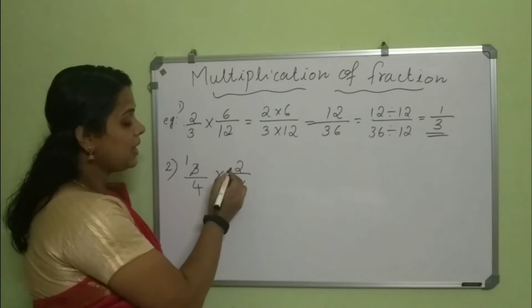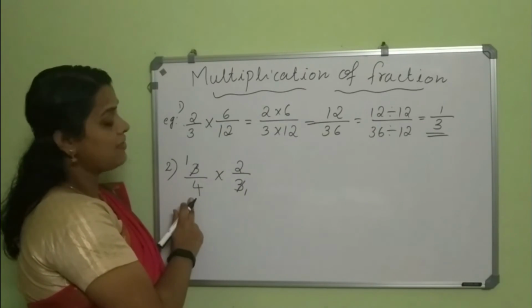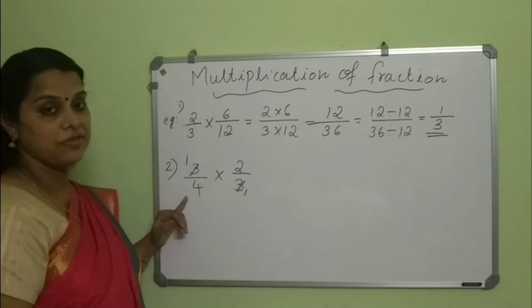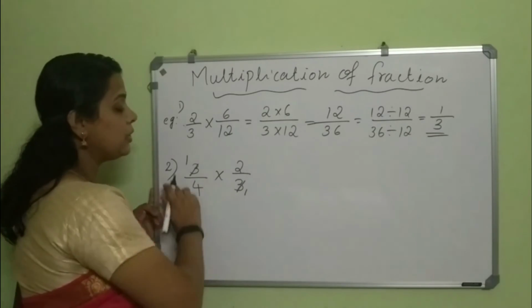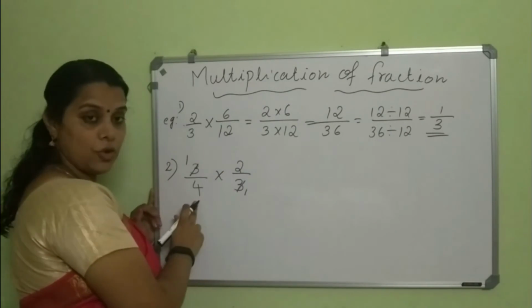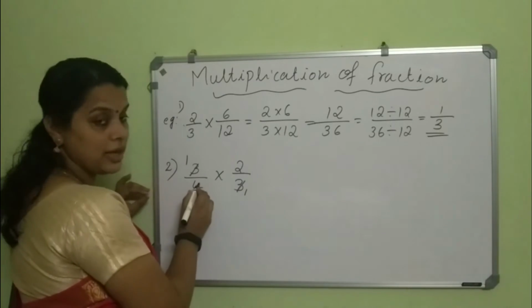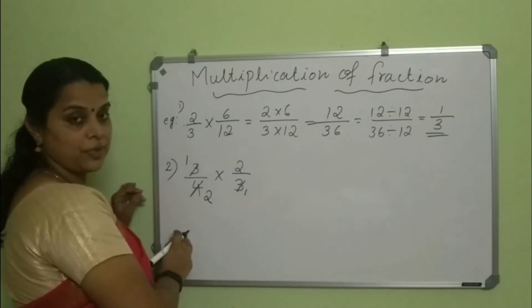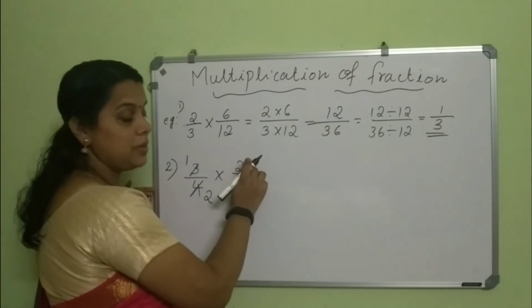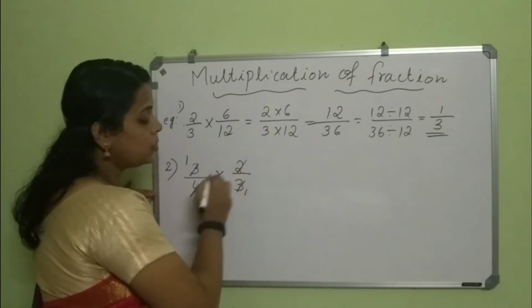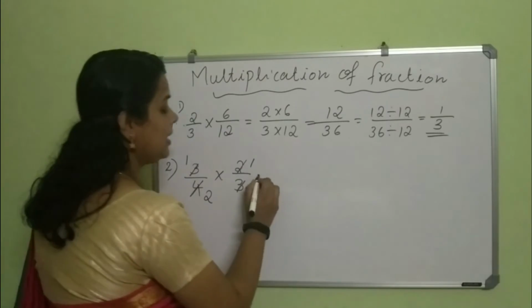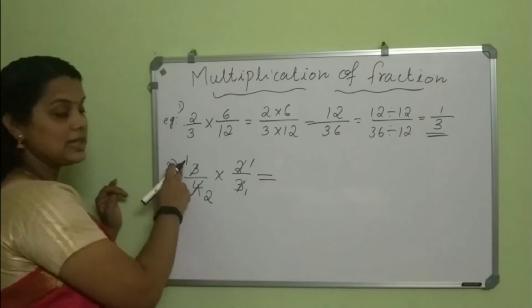Now we are checking whether this 2 and 4 have any common factor. Yes, 2 is the common factor. So we divide 2 and 4 by 2. Dividing 4 by 2, what will we get? 2 2s are 4. The same 2 we divide by this 2 also, 2 divided by 2 is 1. Now we check what is there in the numerator.